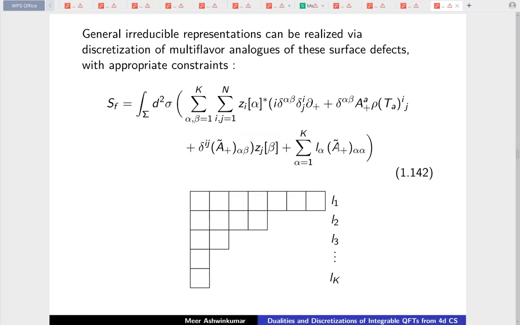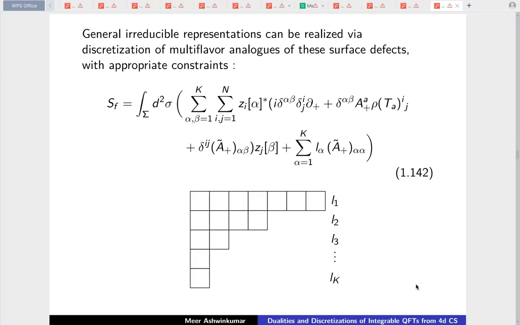And with further constraints and a term which depends on these integers L alpha, I will find that the discretization gives me Wilson lines in an irreducible representation determined by this Young tableau, where the size of each row is determined by these integers L1 to Lk.